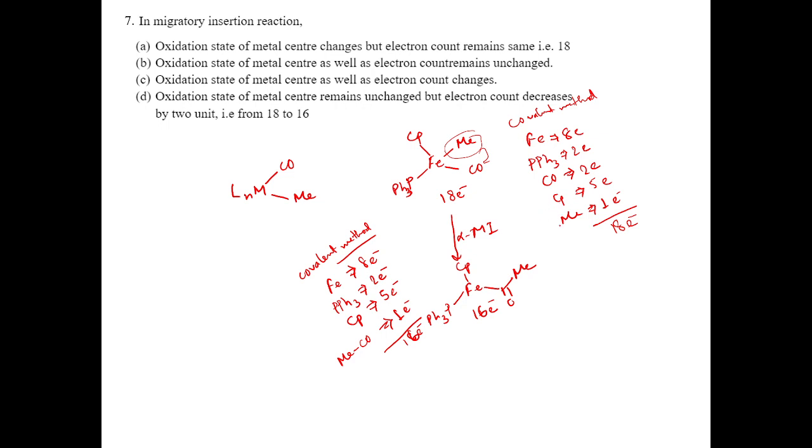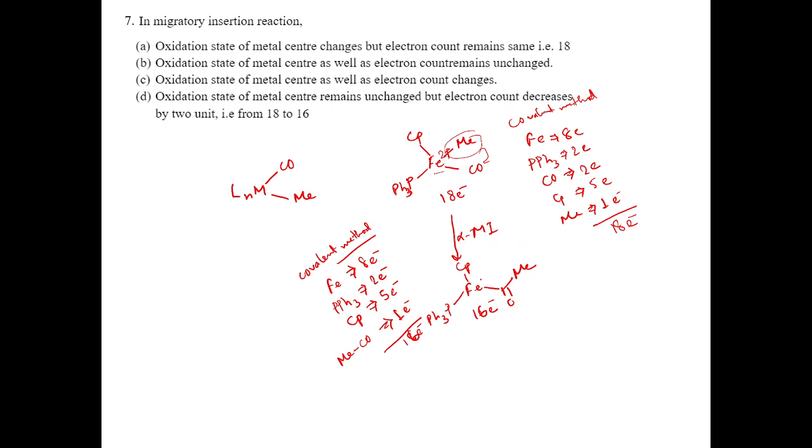Now the question is whether the oxidation state of the metal center remains the same or not. In this case you can see iron is in the +2 state. For the Cp, this metal is 2, and the anionic ligand is present, so +2 state.